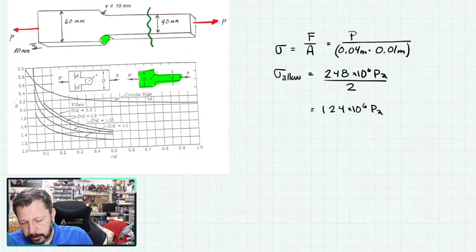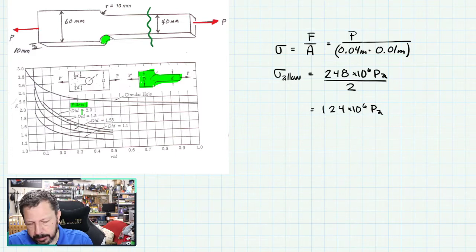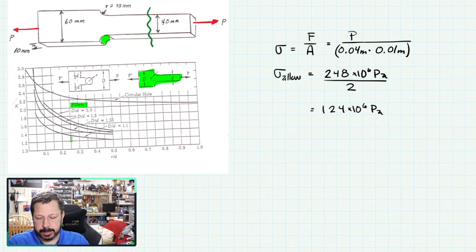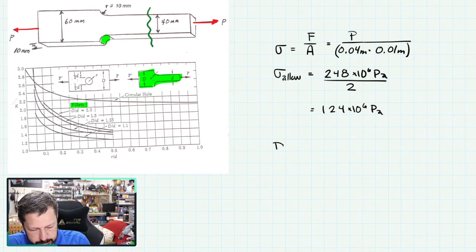All of these other 4 are labeled fillets. That's what we have. This is a fillet, not a fillet. So we need to find which one of these traces we need to be looking at. And you take D over d. For us, we have to compare here.